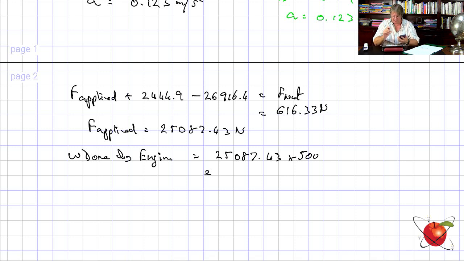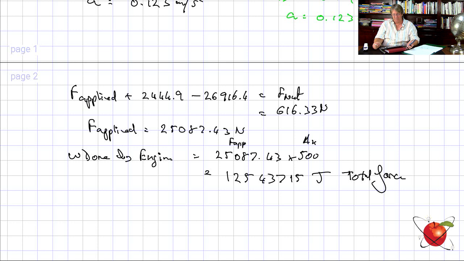Let me just work that out. 25,087.43 times 500 is going to be 125,437.15 joules. This is my delta X. This is my F applied. The force of the engine, which is enough to get me down there, and the acceleration and everything, is that. This is the total force applied by the engine.